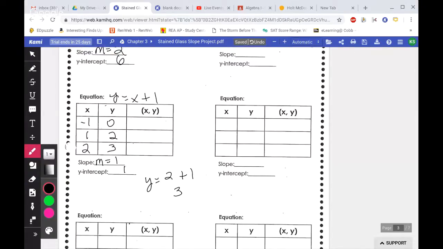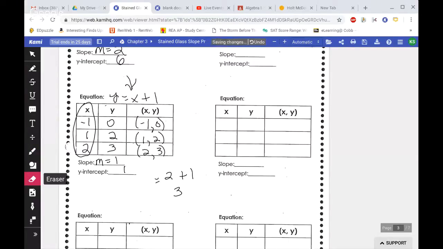So what I'm doing with my x's is plugging the variable into the equation right here. And then whatever the result is, that's my y. And then that becomes my ordered pair. So that's my ordered pair, and I'm done for that one.